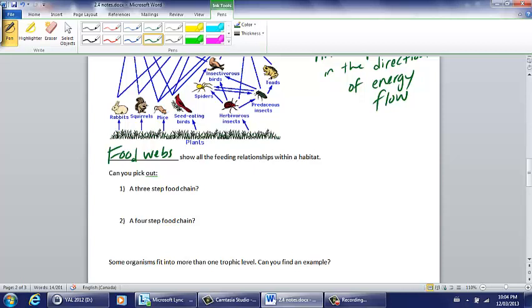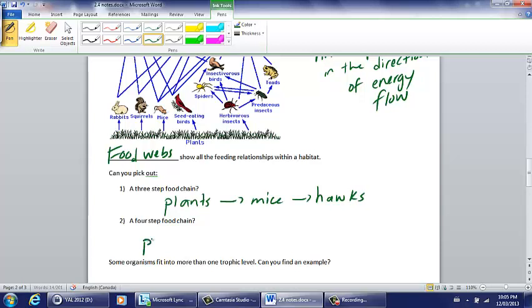Okay, for a 3-step food chain, there's many possible answers, but one possible answer could be going plants to mice to hawks. There aren't as many choices for a 4-step food chain.